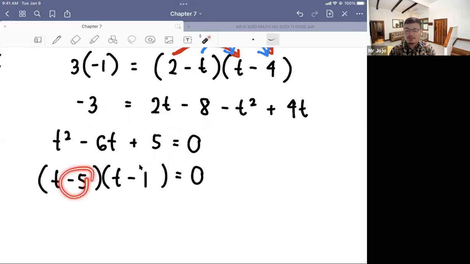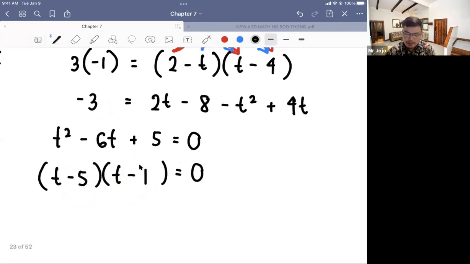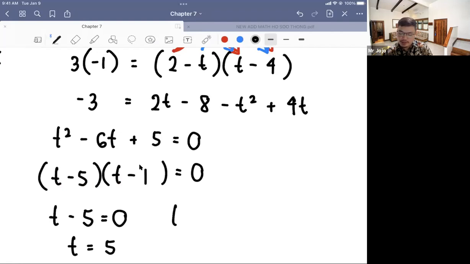Because negative 5 times negative 1 is positive 5, and negative 5 minus 1 is negative 6. So these are the correct factors. All right, so what are the values of t? t minus 5 equals 0 will give you t equals 5. And the other one is t minus 1 equals 0, so therefore t is equal to 1.